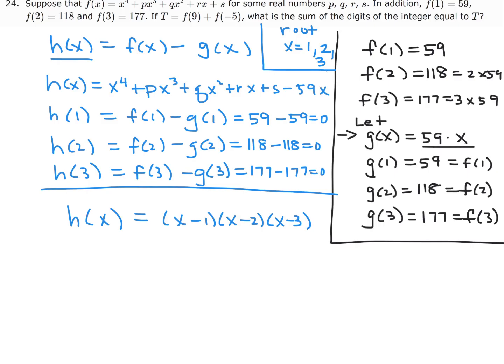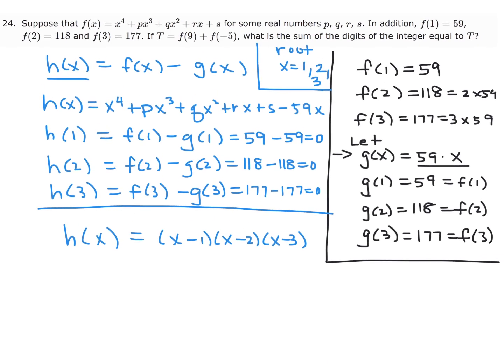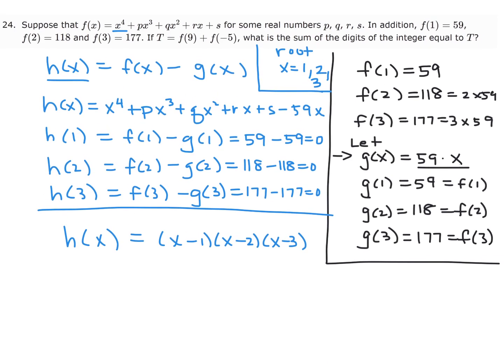But h at x is of the 4th power, correct? Because if you look at here, you got x to the power of 4, and f at x is part of there. So because it's the fourth power, we also have to multiply by something else. So we'll just put x minus a fourth root. So put a fourth root here as a. Okay. So now we're getting somewhere, I think. This is helpful.